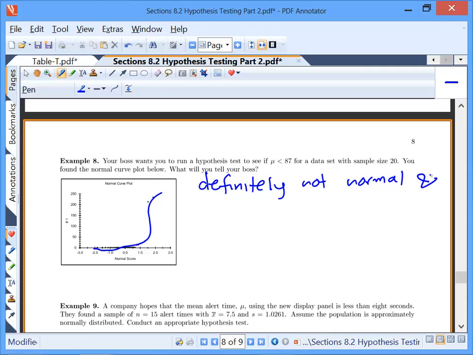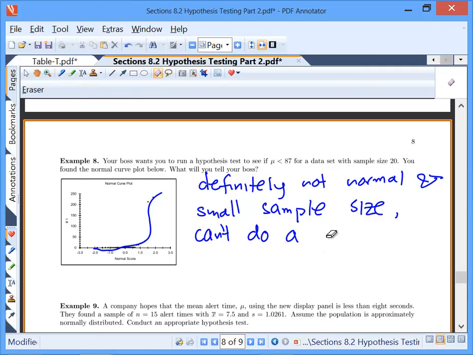Okay, and we have a small sample size. So we didn't meet either one of the possible requirements, so can you do this test? Okay, you can't do a z-test, or a t-test. You would have to use a non-parametric test.